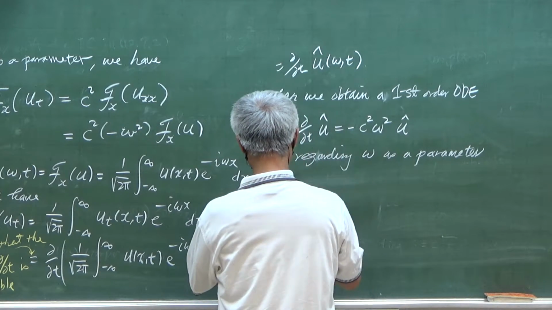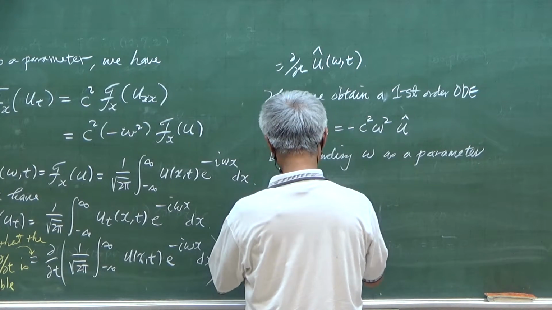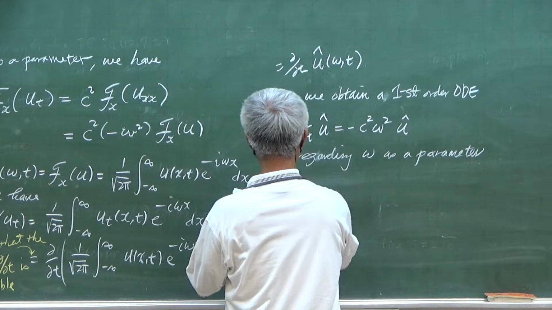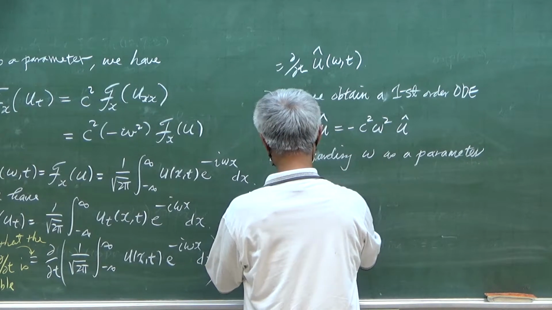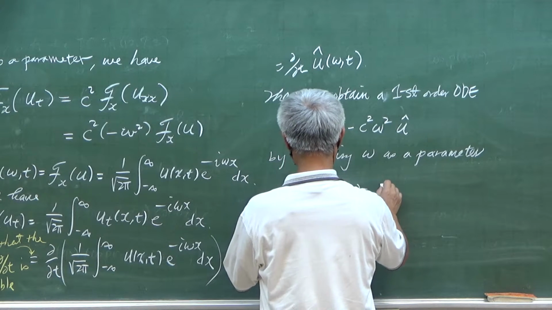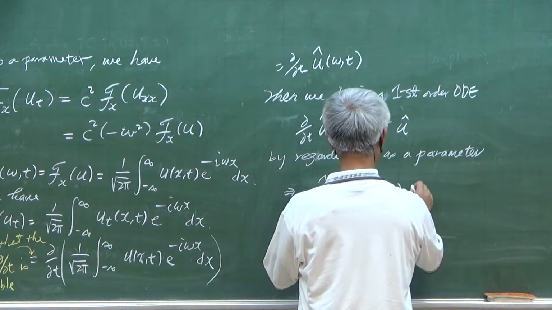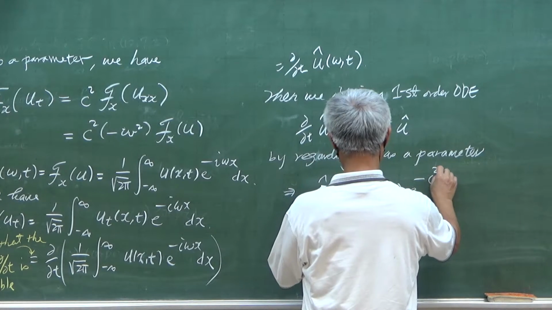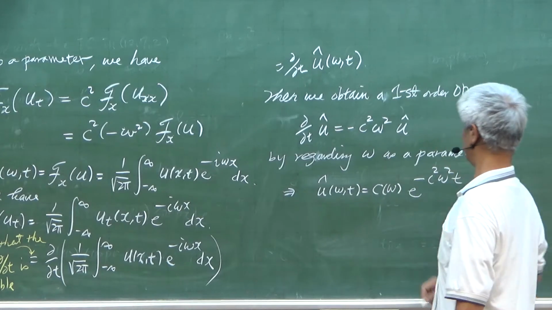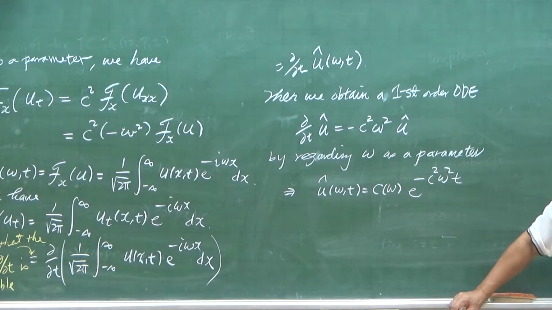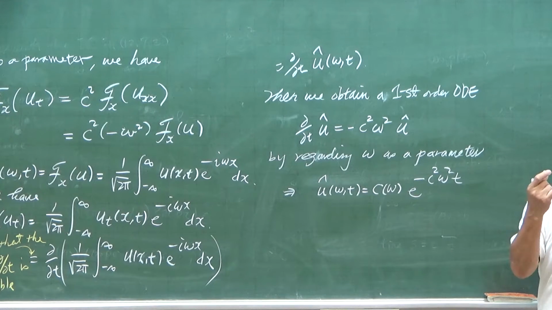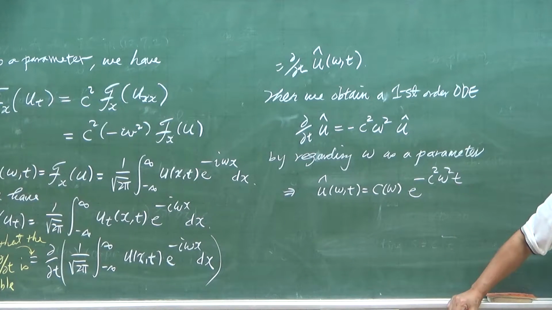So this implies that the solution is an exponential function. So u hat of omega and t is equal to a constant times e to the minus c squared omega squared t, and this constant is C of omega. Because omega is a constant, the integration constant is a function of omega in general.